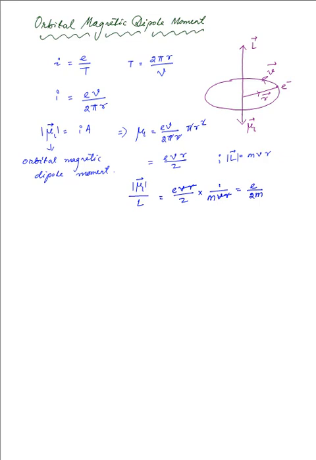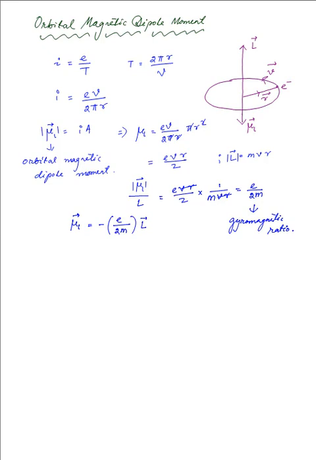This constant that we have is what we call the gyromagnetic ratio for the electron. And now vectorially, since e is negative, we have mu L directed exactly opposite to the angular momentum, as has been shown in the figure at the top.